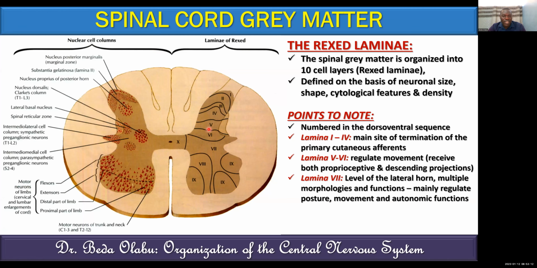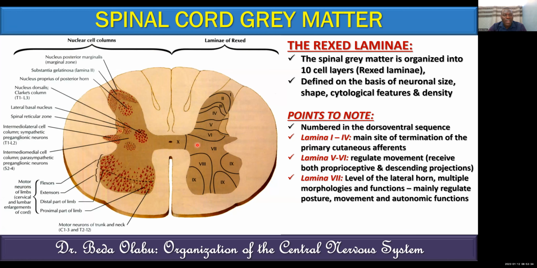Then you have lamina 7. Lamina 7 is slightly bigger, corresponding with the level of the intermediate horn of the spinal cord. It's a very extensive zone with heterogeneous cell populations and therefore also different functions.